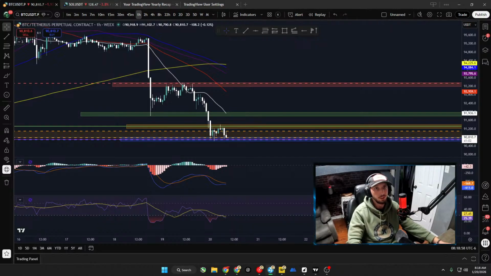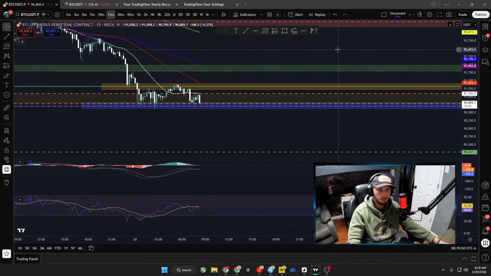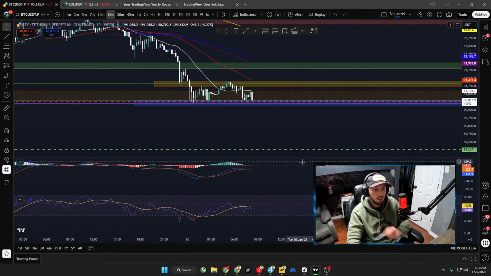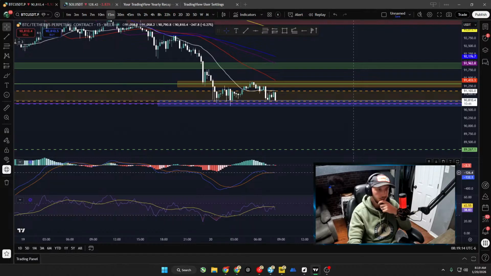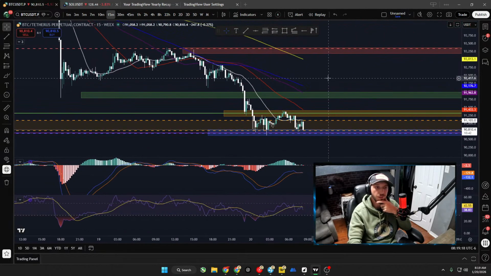So we're just watching price action here, really trying to see what's going to happen today. We're going to get that breakdown or that break up. Only time will really tell. We're just going to have to watch it as price moves on. As of right now, it's looking pretty similar to yesterday in terms of how price action is behaving.